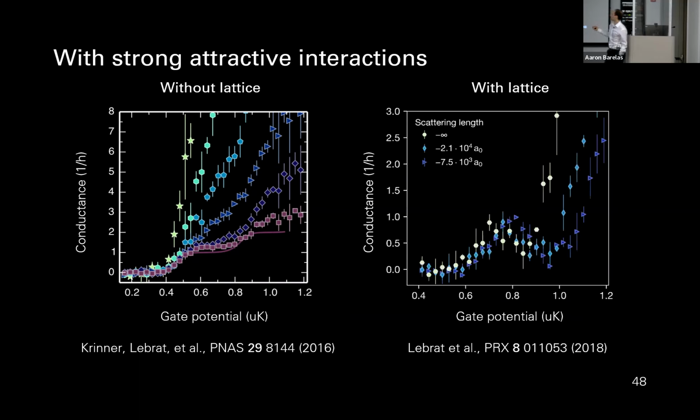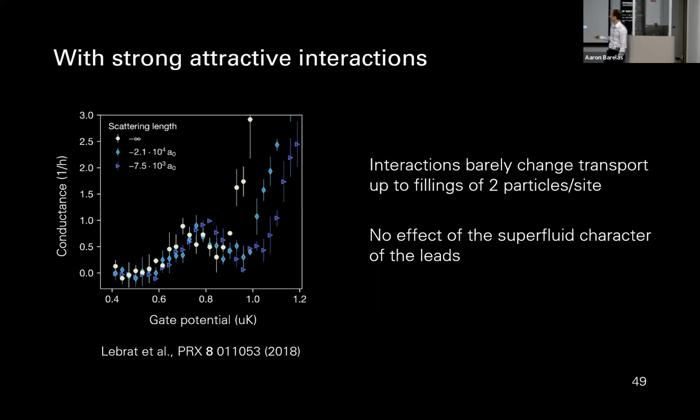On the other hand, what was surprising with the lattice is that we saw that this conductance curve as a function of density was practically independent of the interaction between the atoms, even in situations, these are the white points, where the reservoirs are strongly correlated unitary superfluids.